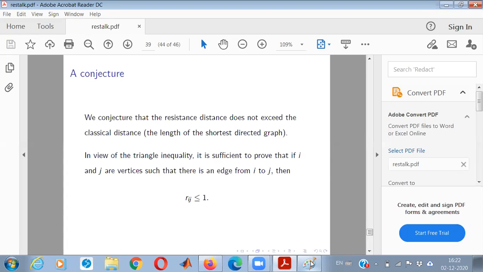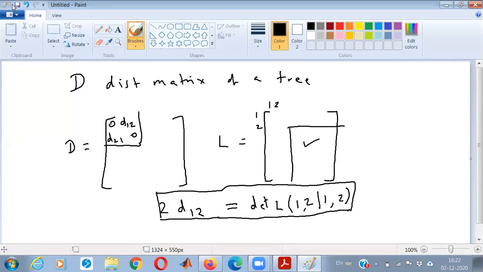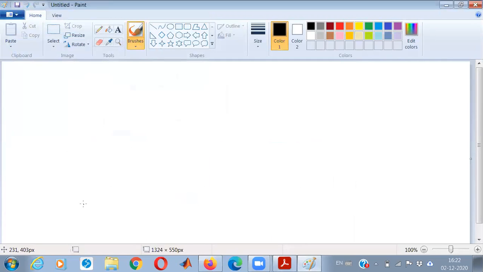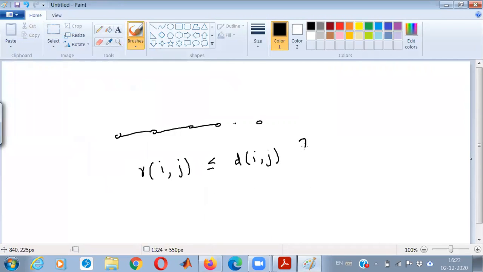Because we have the triangle inequality already proved, all that remains to be done is to show that, if you take a graph in which there is a path from i to j, then in the balanced directed case the resistance distance is less than or equal to the classical distance. Because the triangle inequality is already available, it is enough to prove it for a single edge. So all we require is that if i and j are adjacent, then the resistance distance between i and j is less than or equal to 1.